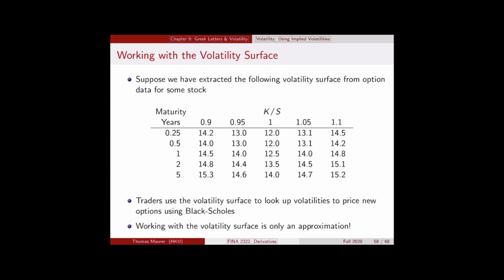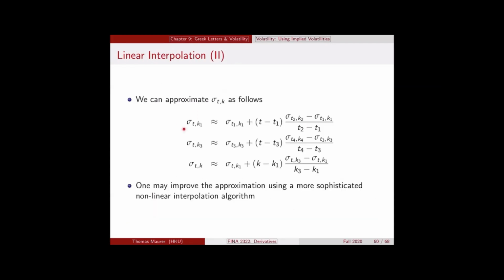How do I do this interpolation? It's simpler than what I had before, because now the only thing I have to change is time to maturity, because both of them are already at the money, so the moneyness I don't have to change. So all I can do is just use that formula which I had over here.